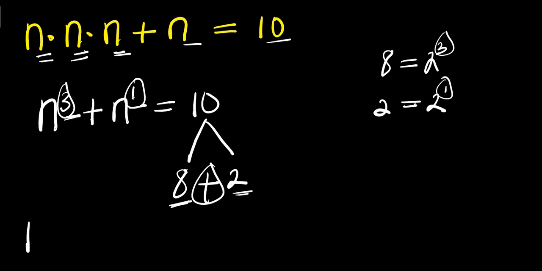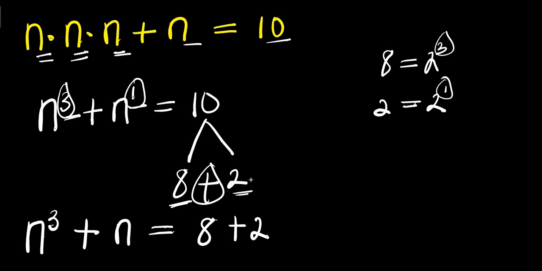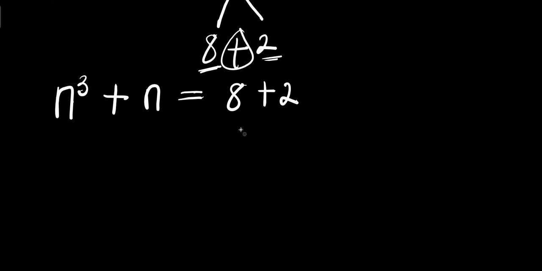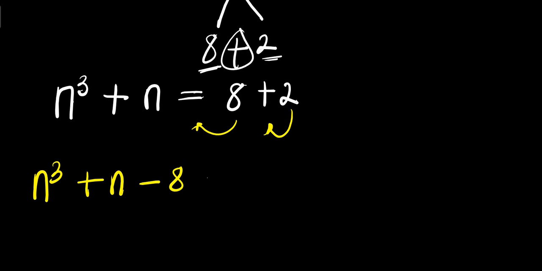So we have n power 3 plus n equals 8 plus 2. From here, move this over, and then move this over, so we have n power 3 plus n minus 8 minus 2 equals 0.